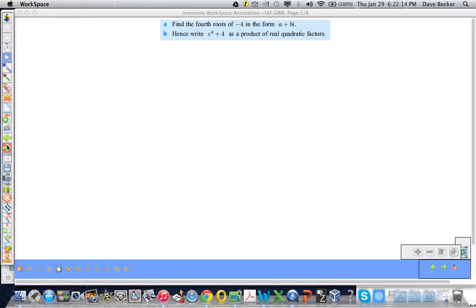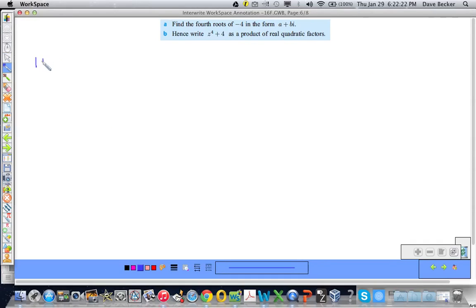I think you can probably think about this and maybe do it in your head. But again, we had the roots 1 plus or minus i, and the roots -1 plus or minus i.